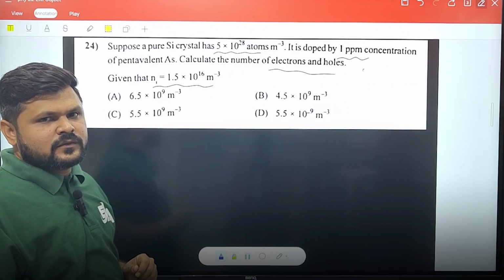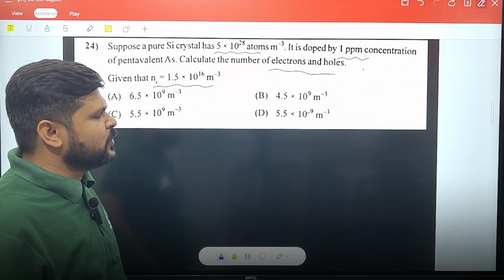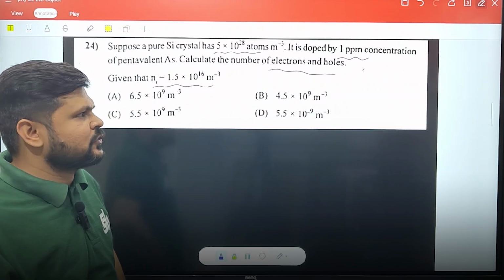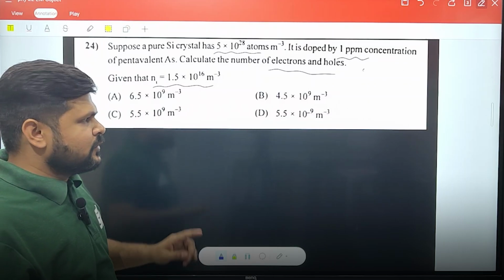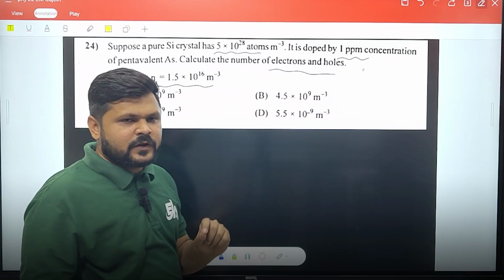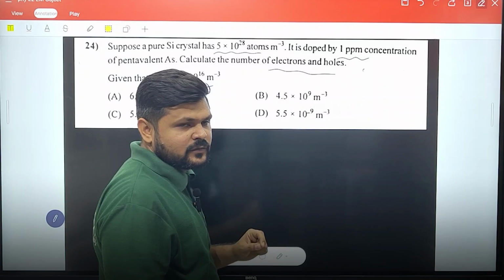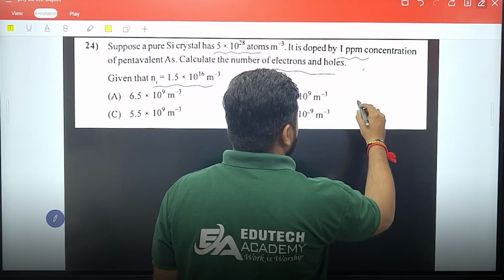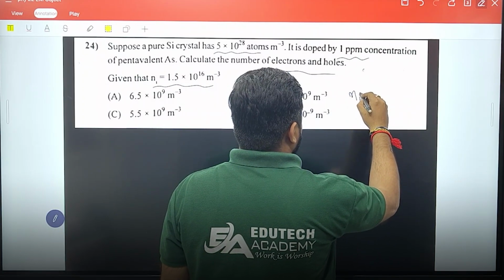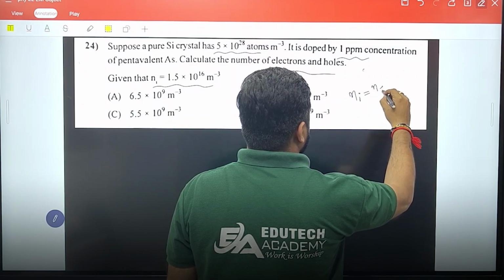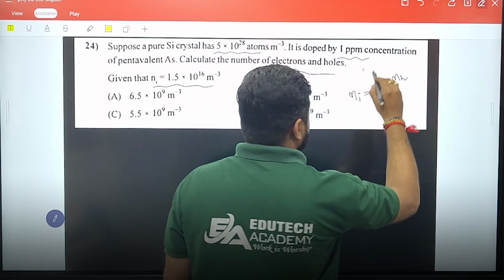Now see students, this is again a numerical from the illustration of the 14th chapter. We know that for an intrinsic type semiconductor, that means a pure semiconductor, Ni is equal to Ne is equal to Nh.